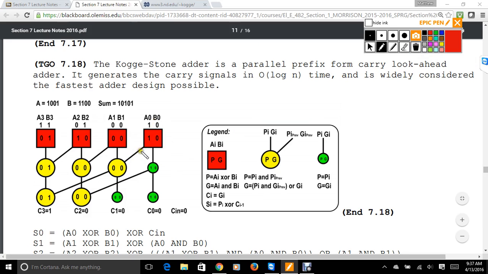So here you see 0 is going to 1 and then 3, right? And a lot of these, they just affect the next one. So what ends up happening is you stretch this out to a 32-bit adder. It's only going to be 1, 2, 3, 4, and 5. So that's where you're actually able to predict the carry bit in log base 2.